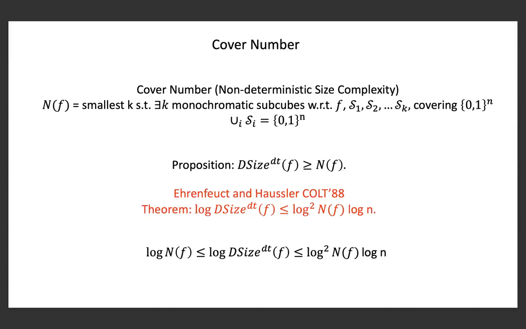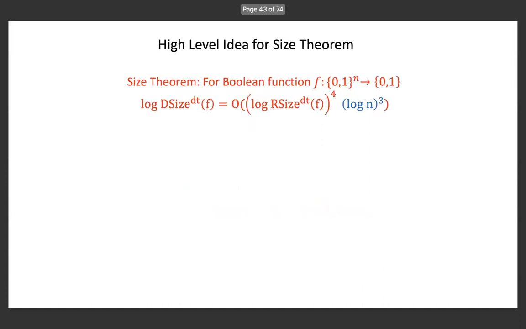What this tells us is that log cover number already characterizes log D size polynomially. So we already have a combinatorial notion which characterizes log of deterministic size. And if somehow we can relate this log cover number to the log of randomized size, then we will be able to relate log D size and log R size. And that's exactly what we do in our result.